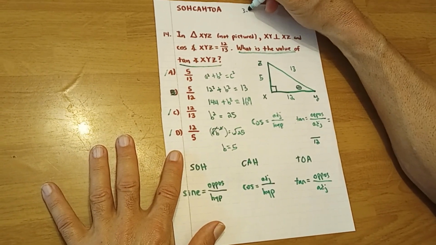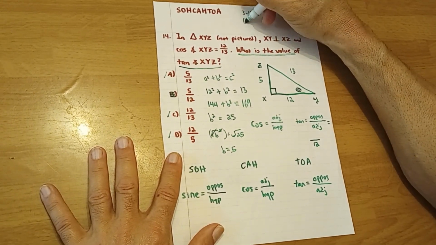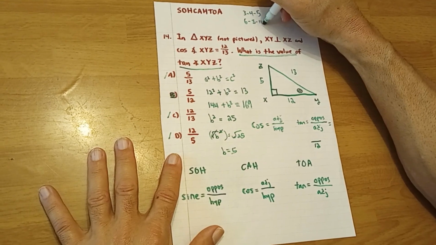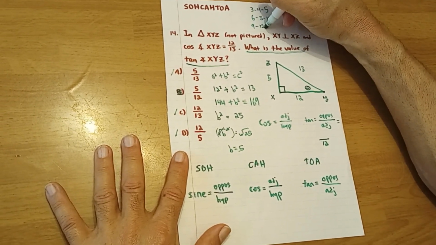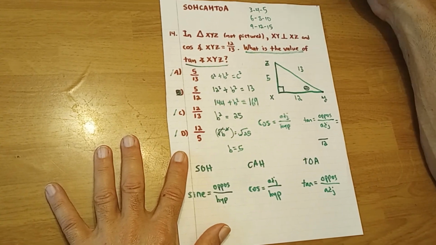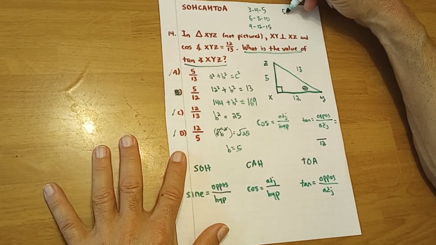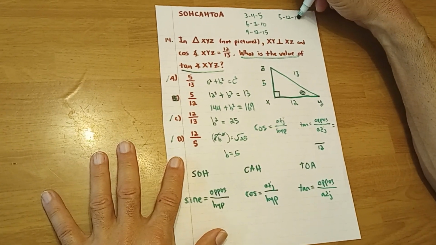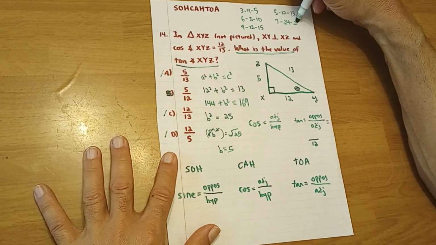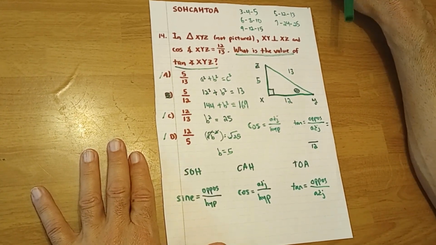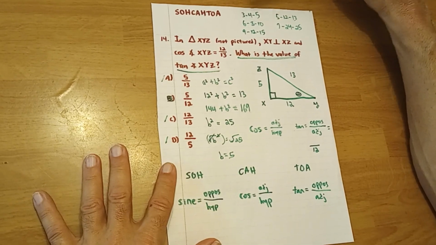One would be 3, 4, 5, again, very common. 2 times that would be 6, 8, 10. 3 times 3, 4, 5 is 9, 12, 15. And then the other two common ones are what we see here, the 5, 12, 13, and then 7, 24, 25. These things come up again and again on the ACT and SAT, so it's good to memorize this.